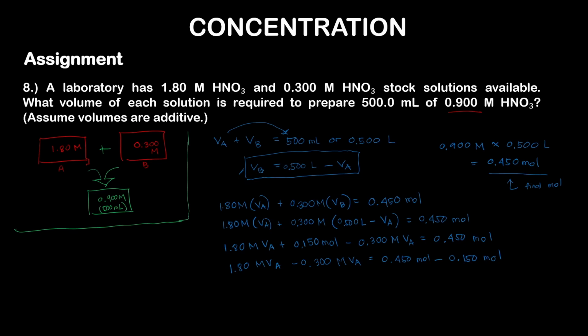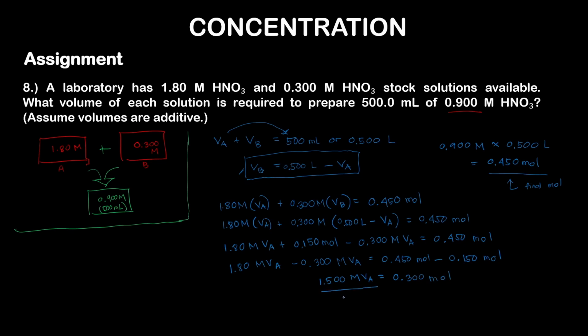Let's solve it. 1.80 MVA minus 0.300, that is 1.500 MVA. Now 0.450 minus 0.150, that is 0.300 mole.